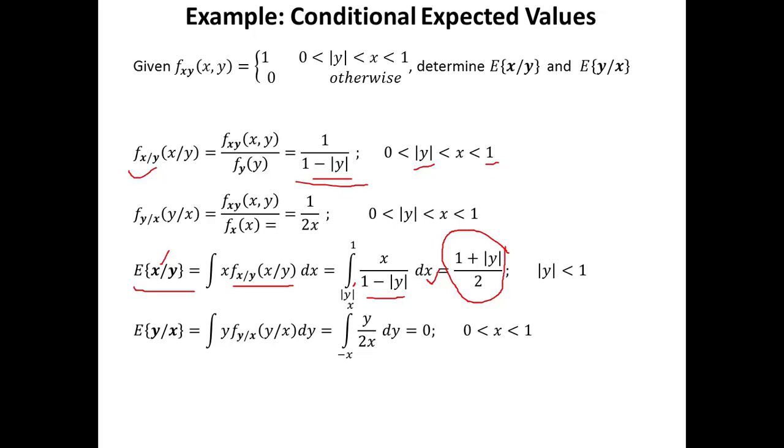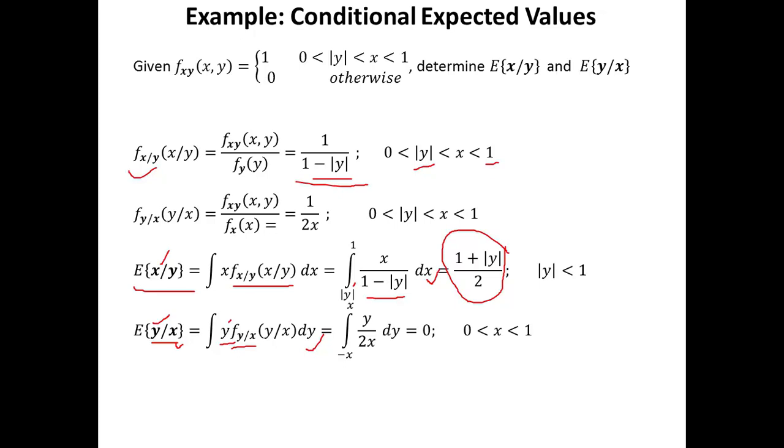Similarly, to calculate the expectation of y over x, it is the integration of y multiplied by the conditional density of y by x with respect to variable y.